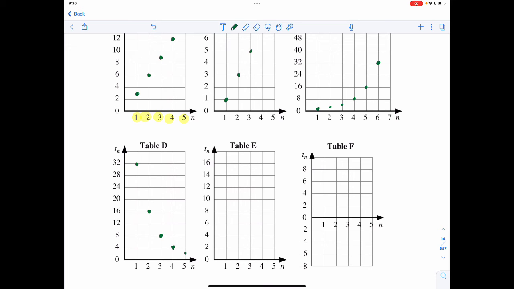Table E was 1 and 1, 2 and 5, 3 and 9, 4 and 13, 5 and 17. And table F was 1 and 8, 2 and 4, 3 and 0, 4 and -4, and 5 and -8.